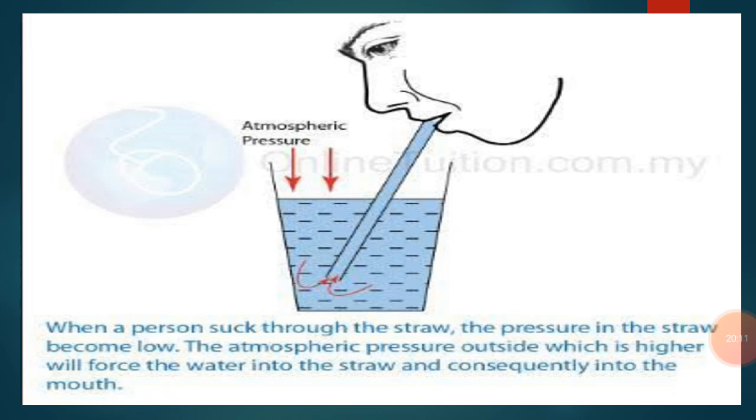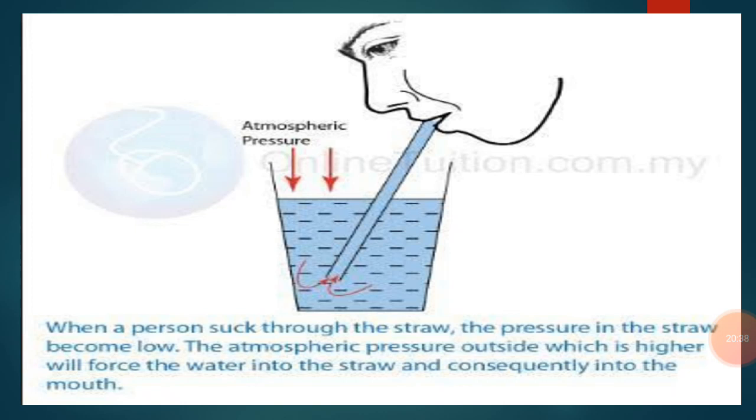This is one of the applications of the atmospheric pressure. The drinking straw is a very thin pipe which is used to drink soft drinks. The drinking straw works on the existence of the atmospheric pressure. Just look at the diagram given to you.